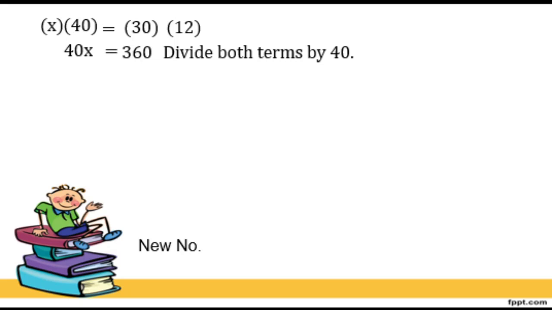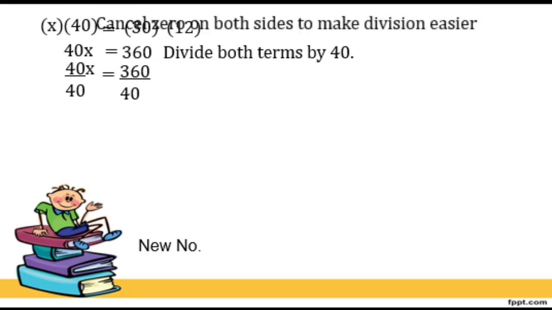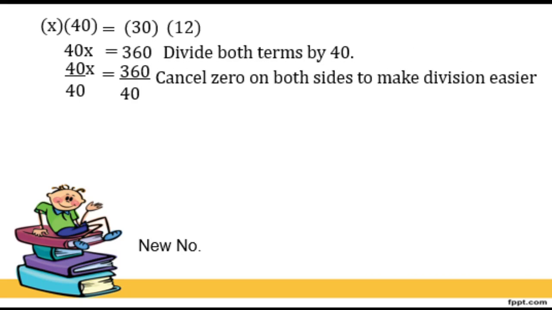So 40x divided by 40 is equal to 360 divided by 40. We cancel the 0 and 0 here, so 360 becomes 36 over 4.